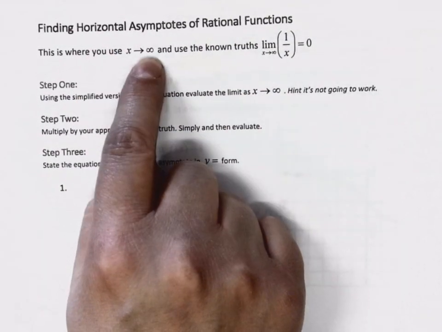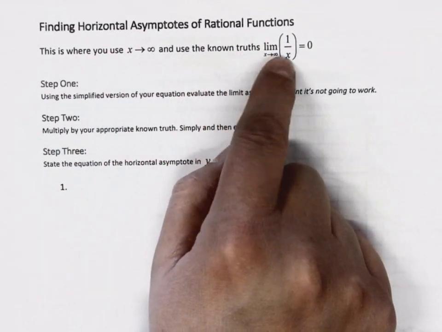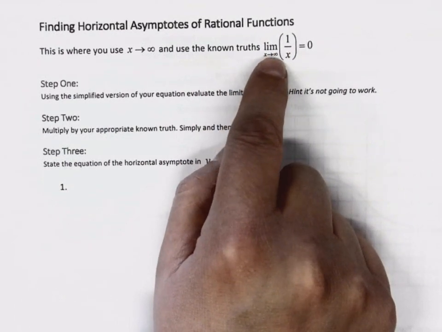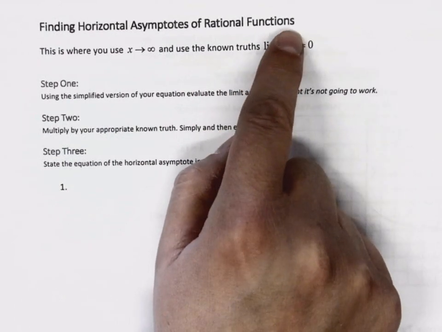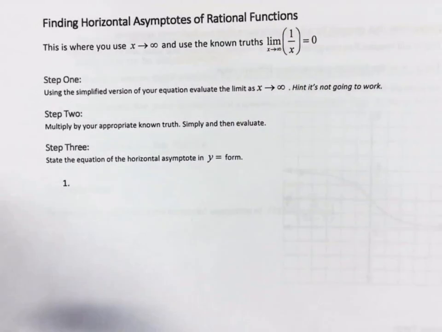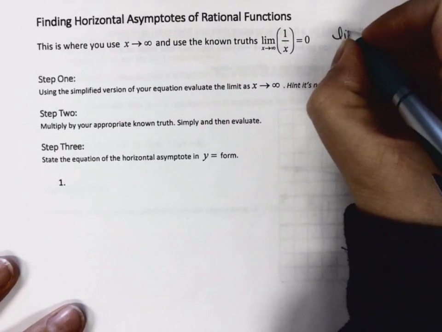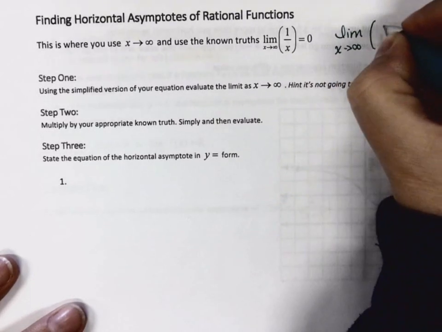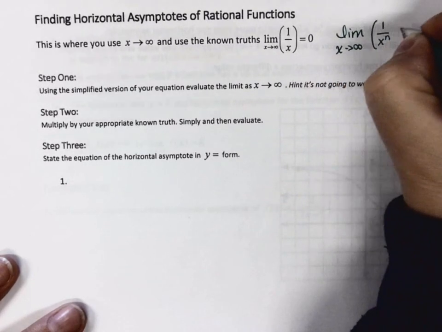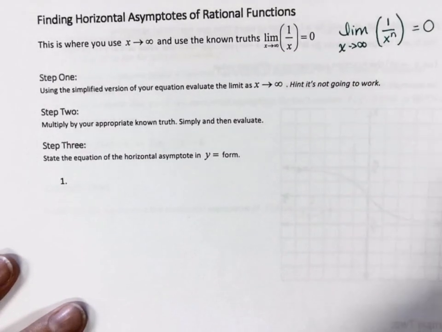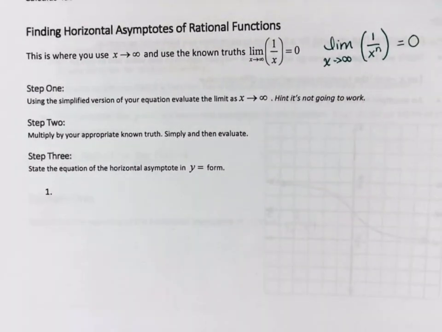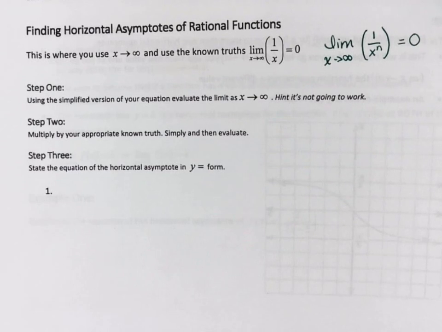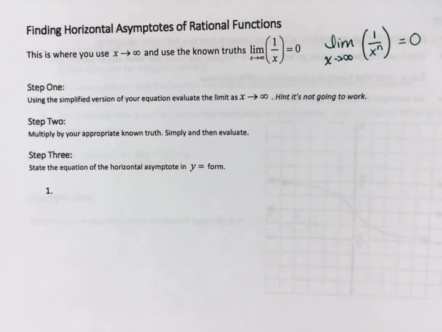So just some quick notes. You use x approaching infinity, and you use the known truths that the limit as x approaches infinity of 1 over x is equal to 0, and the limit as x approaches infinity of 1 over x to the n is equal to 0. We use that x to the exponent n, so if they were degrees of 3, we replace it with a cubed function.